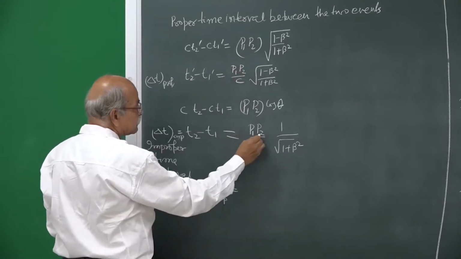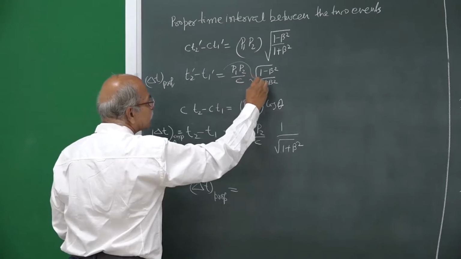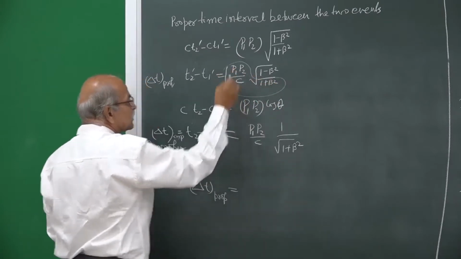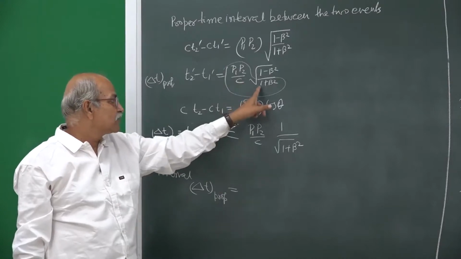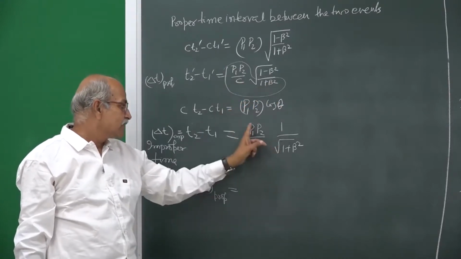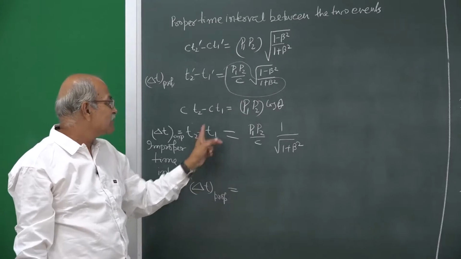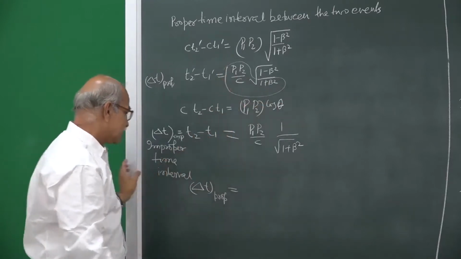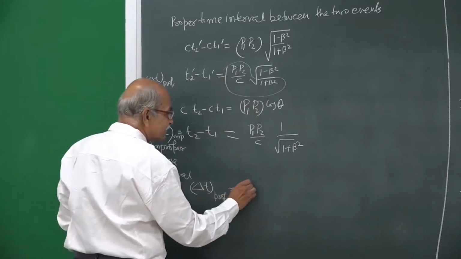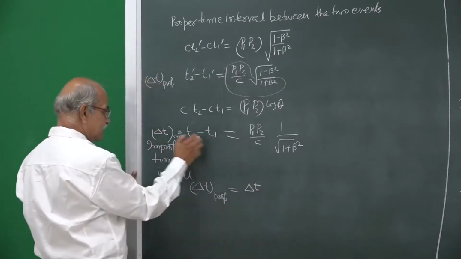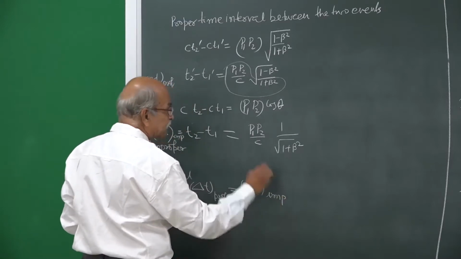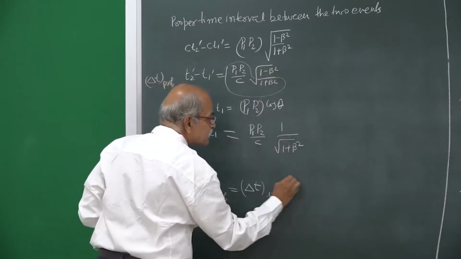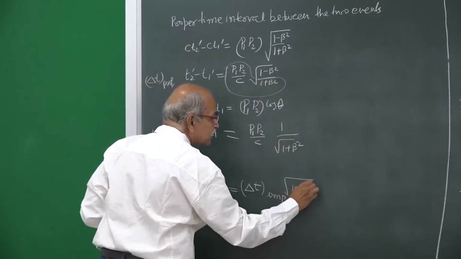This part, P1 P2 by C, divided by square root of 1 plus beta square, is T2 minus T1, which is delta t improper, and then multiplied by this factor square root of 1 minus beta square.